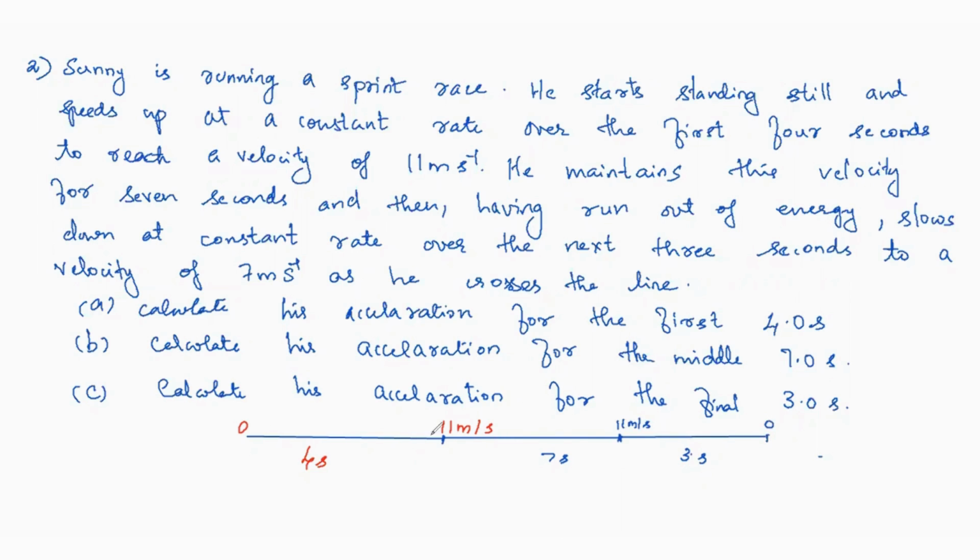So there are 3 areas. Part A: calculate his acceleration for the first 4 seconds. Part B: calculate his acceleration for the middle 7 seconds. Part C: calculate his acceleration for the final 3 seconds.